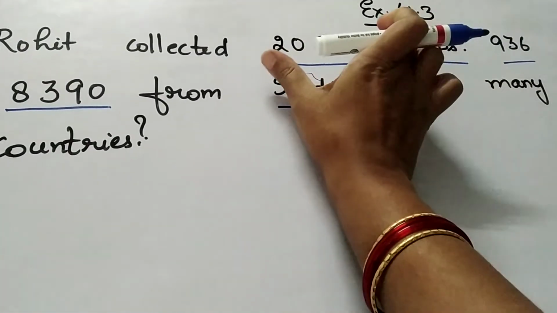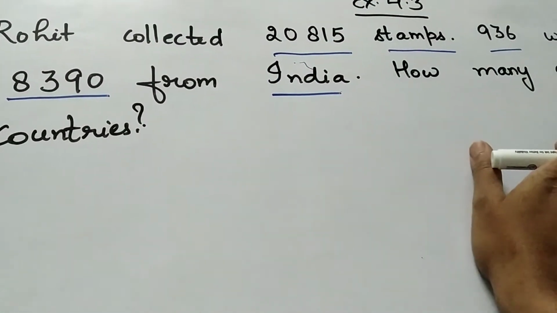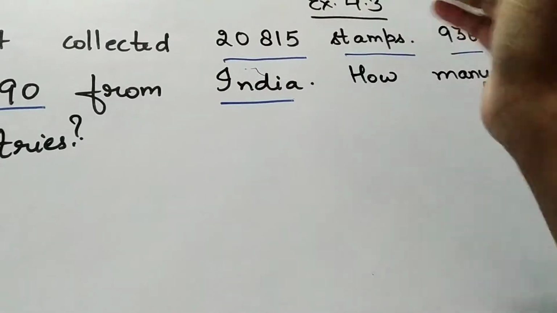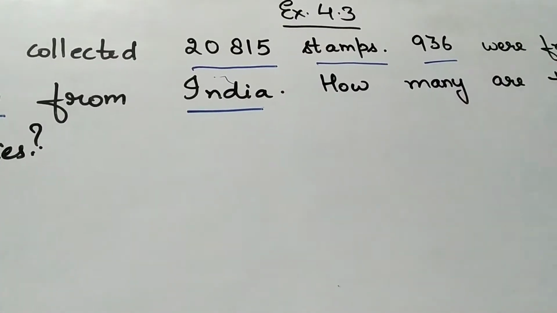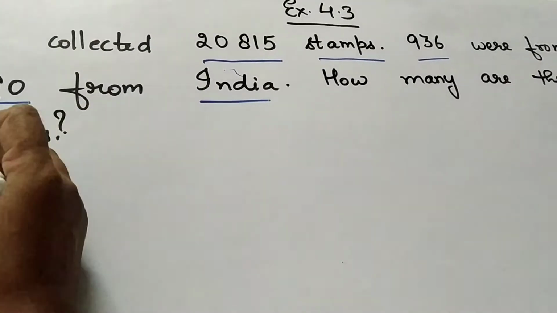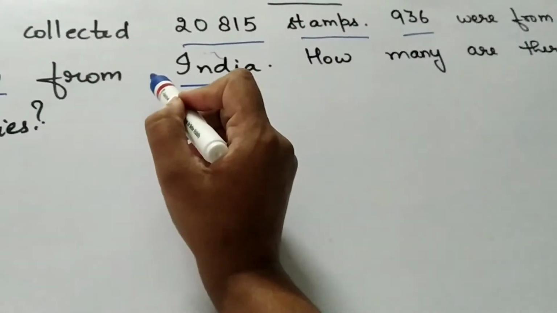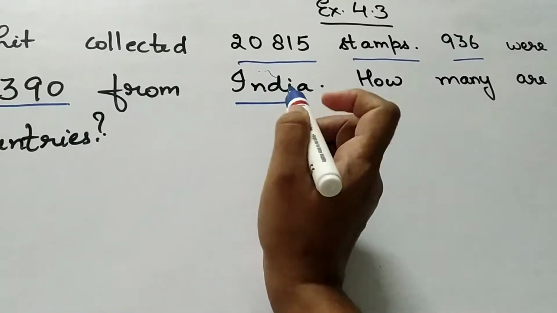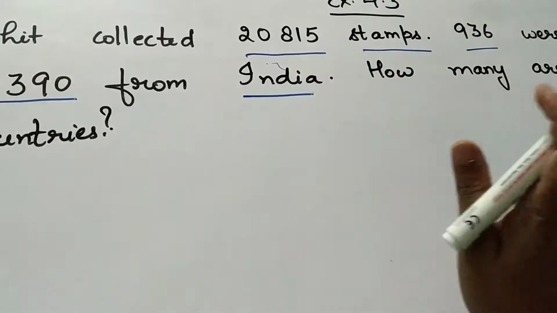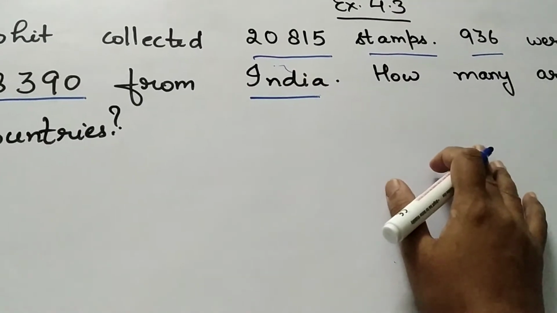Out of this, 936 were from USA and 18,390 from India. "Out of this" is not written, you have to think.